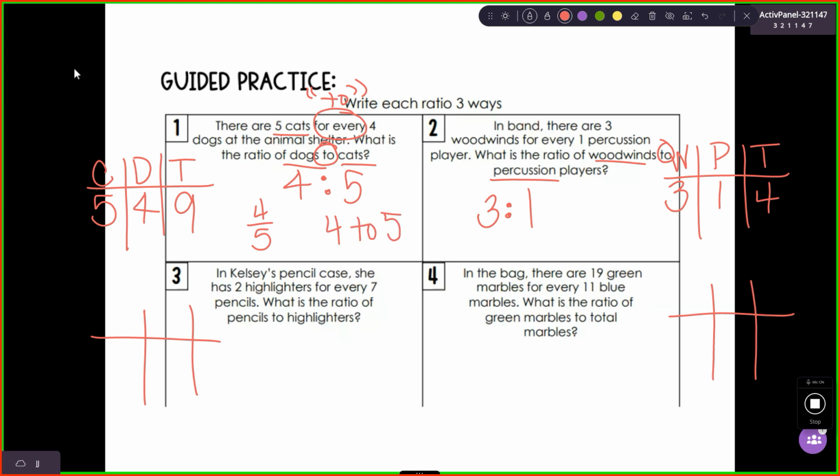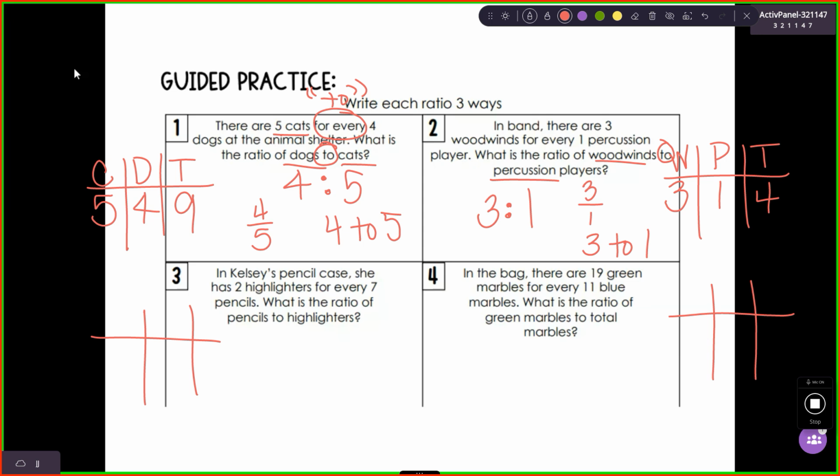Also, on number 2, I just wrote it as a ratio with that colon, but now I need to do 3 over 1 and then 3 to 1. So that's something that I noticed when I walked around, that some of us forgot to write it all the ways. You did the table, but we forgot to write it all the ways. You're still cool, but pay attention to make sure if it asks for all 3 ways, then you do all 3 ways.